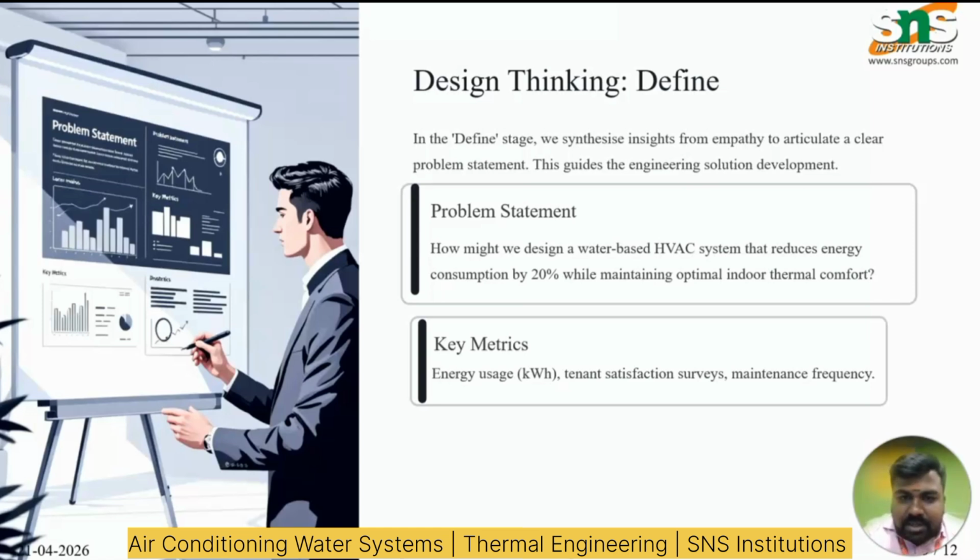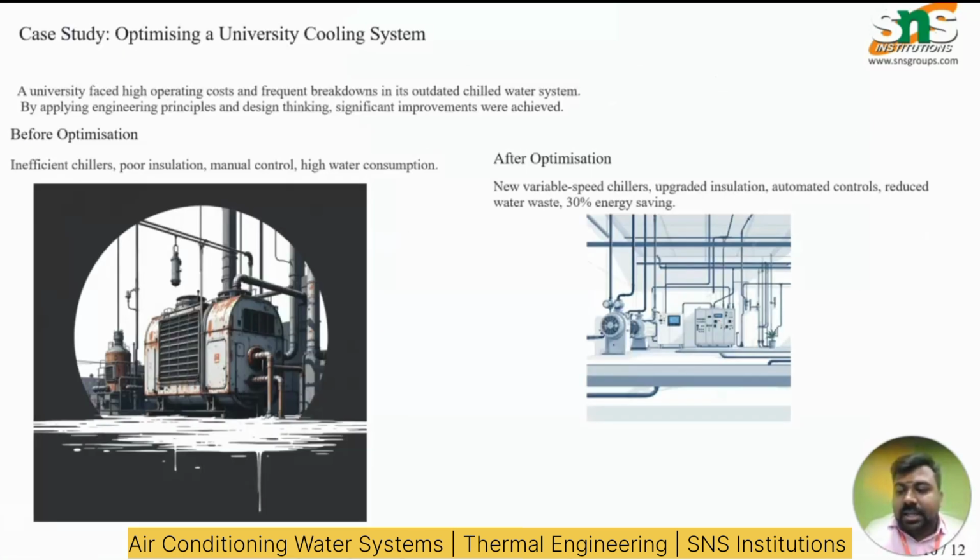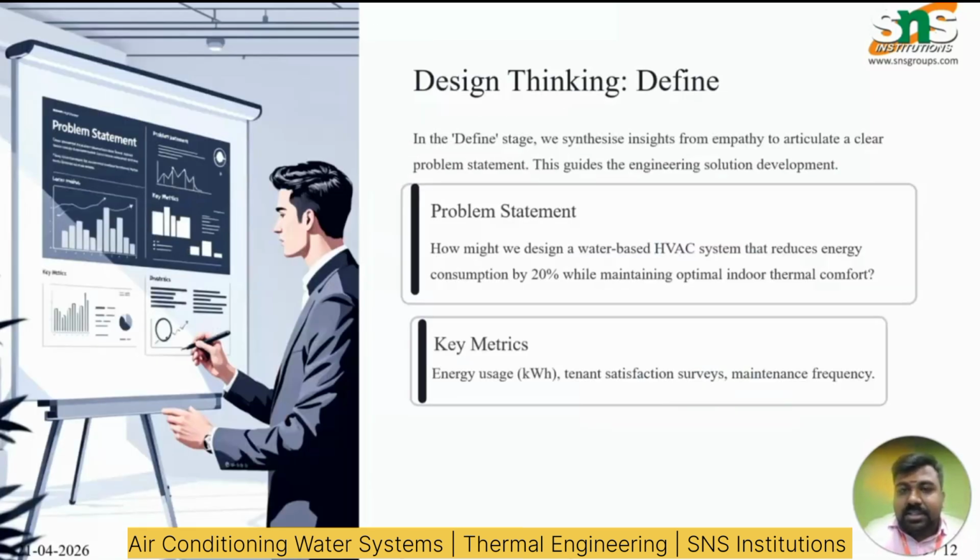Problem statement: how might we design a water-based HVAC system that reduces energy consumption by 20%, maintaining optimal indoor thermal comfort. Some of the key metrics are energy usage in kilowatt hour, tenant satisfaction surveys and maintenance frequency. These are the feedbacks received from the customer, and then the problem statement is decided.